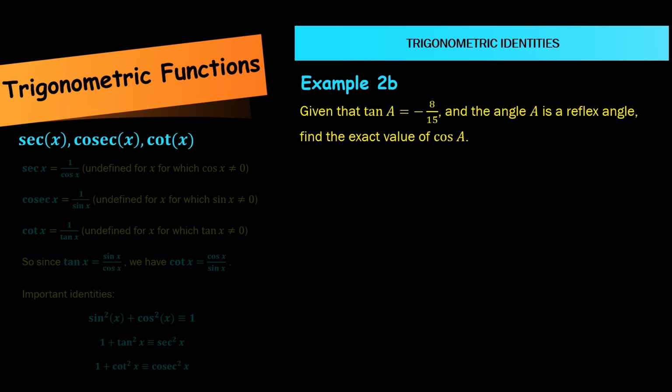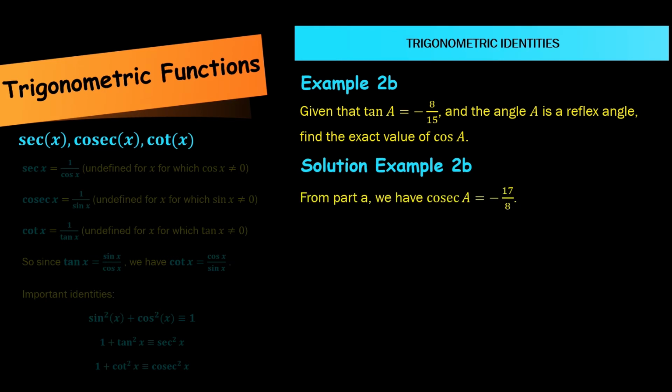And now for part B. Given that tan A equals minus 8/15 and the angle A is a reflex angle, find the exact value of cos A. So let's solve this. From part A, we have that cosec A equals minus 17/8.